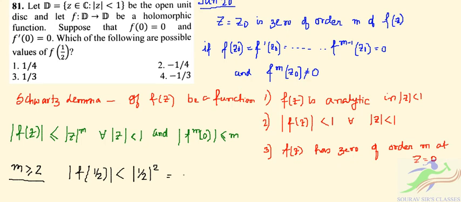It is nothing but 1/4, so the range is minus 1/4 less than or equal to f(1/2), since it is under mod, less than or equal to 1/4. So in our case, the possible values of f(1/2) are 1/4 and minus 1/4.